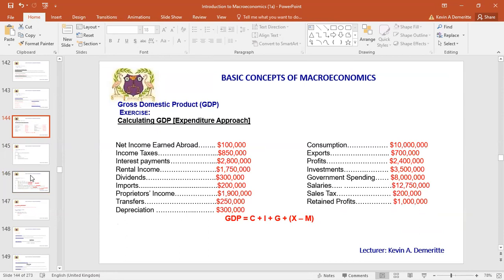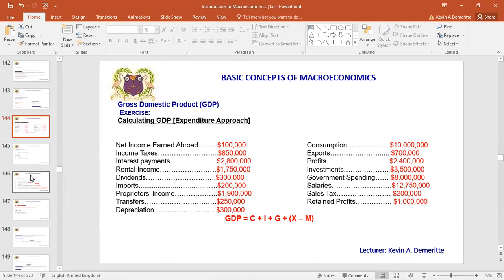In that case, the question won't ask you to calculate both approaches. It would just say calculate national income. And it's up to you to decide which approach you can use, depending on what information is being given to you in the table.